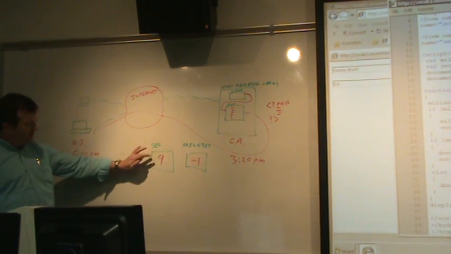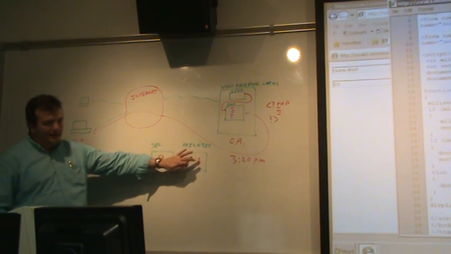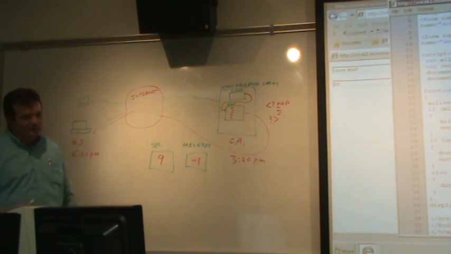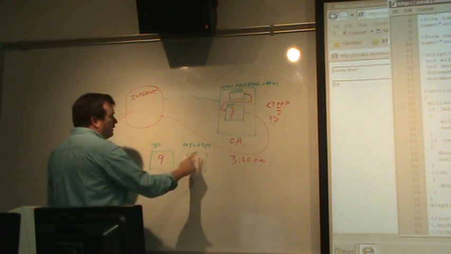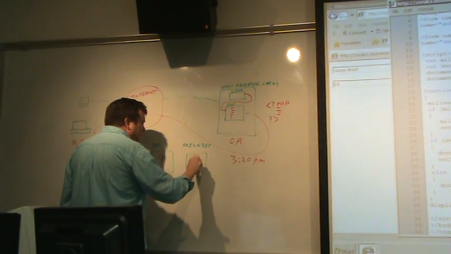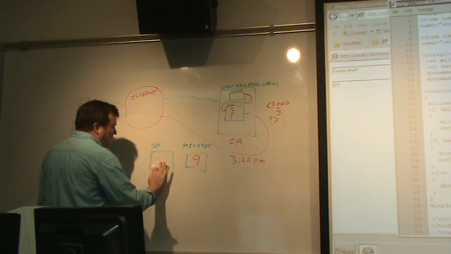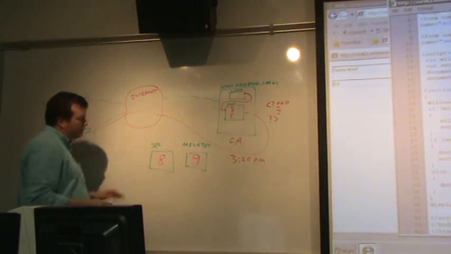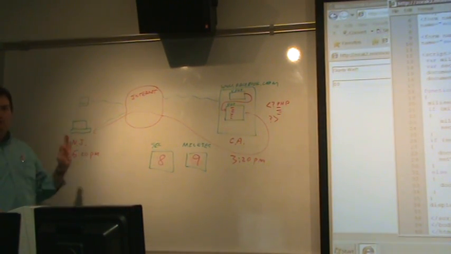And we don't want to say the time is 9 seconds and -1 millisecond. That doesn't make sense. So if it goes below 0, we reset this back to 9, and then subtract 1 from here, and then we get 8.9. So it goes from 9.0 to 8.9.